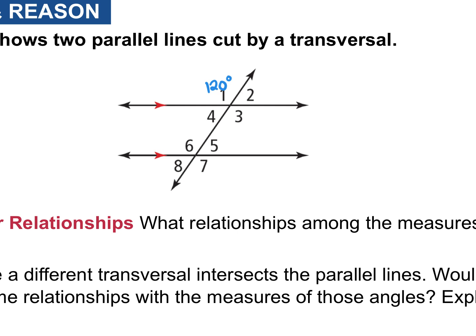Go find all the other angles using the angle pair relationships we've been talking about. Okay, let me get some of us started. How can I get some of us started? Vertical is congruent. What's vertical to 1? 3. So if we know vertical angles are congruent, if 1's 120, what's 3? 120.